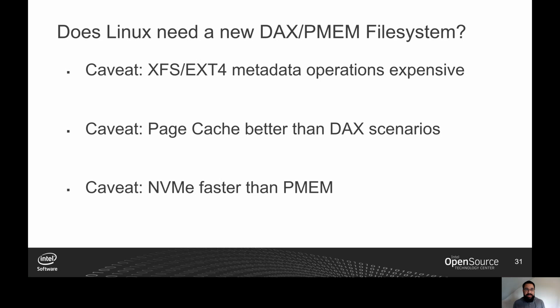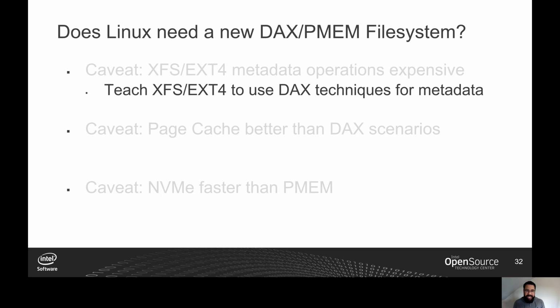So what can we do to address these things? I think for the metadata problem, first it needs to be pointed out that the DAX facility was not designed to accelerate metadata operations.